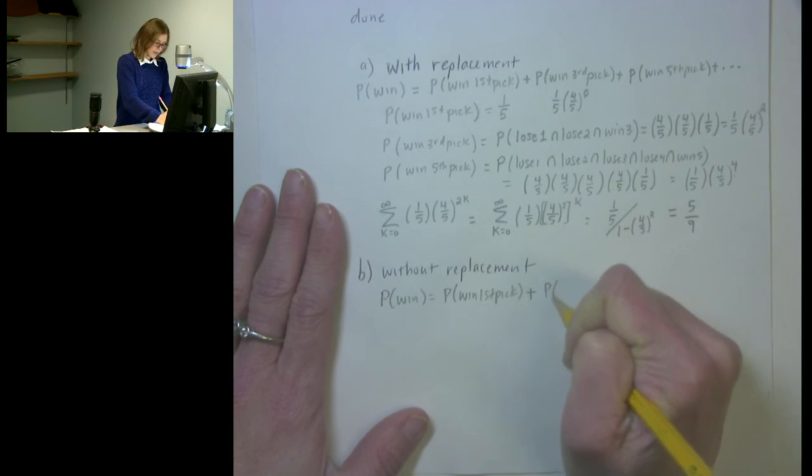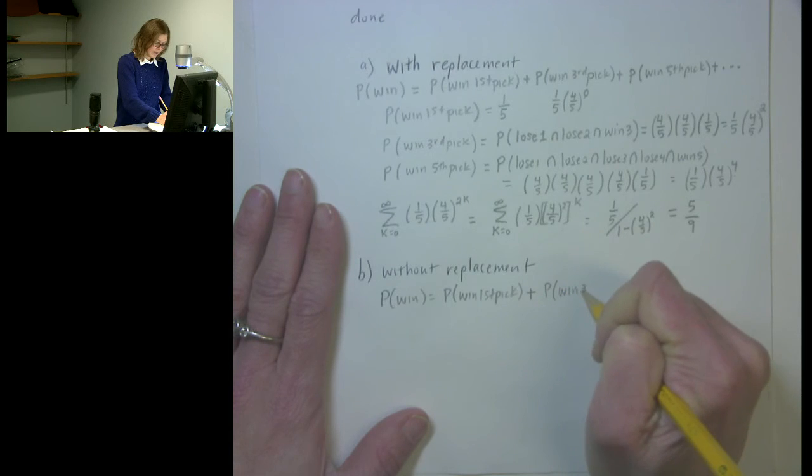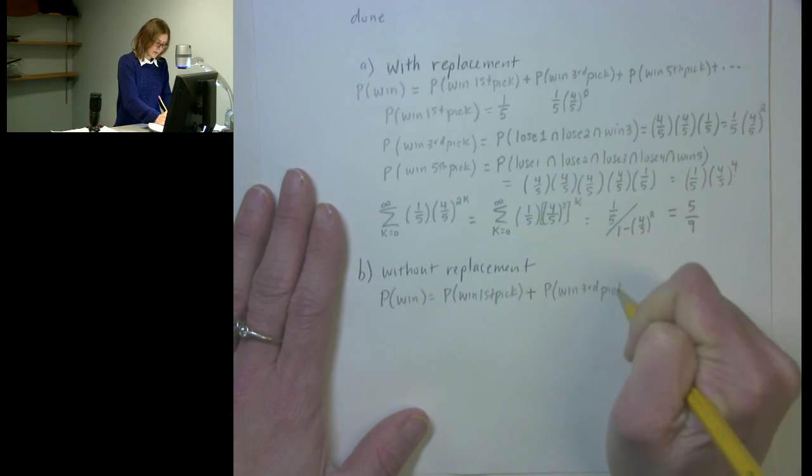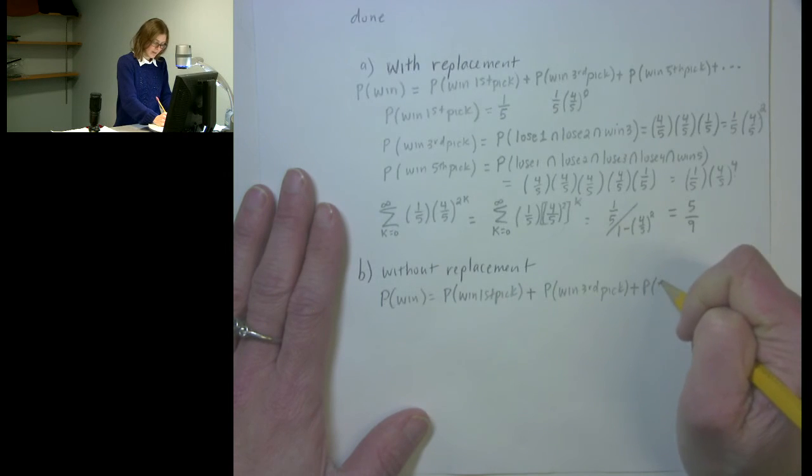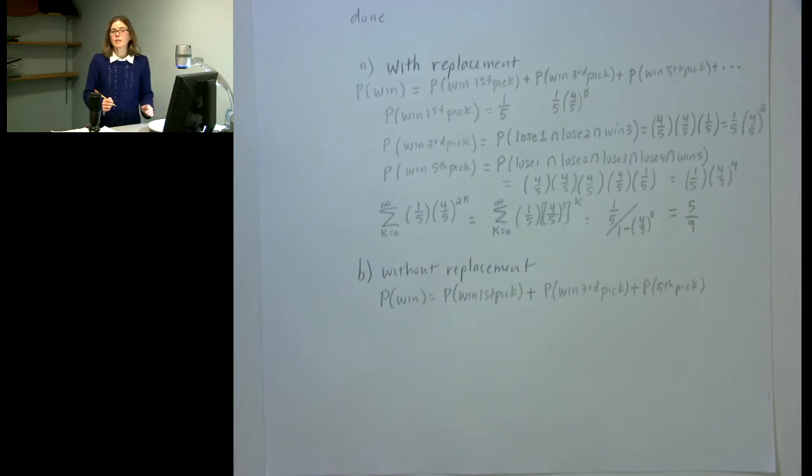You could win on the 3rd pick. And you could win on the 5th pick. There's really no chance that you could do anything else, because by then the 5 balls have all been chosen and there's nothing left, right? Because we're sampling without replacement now.